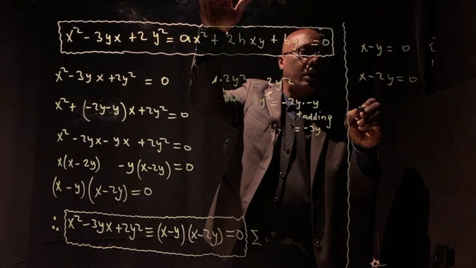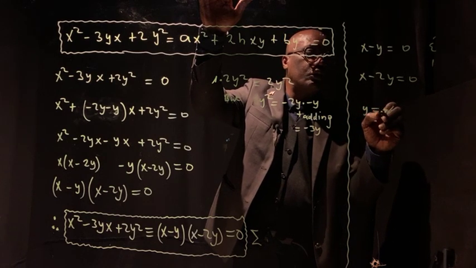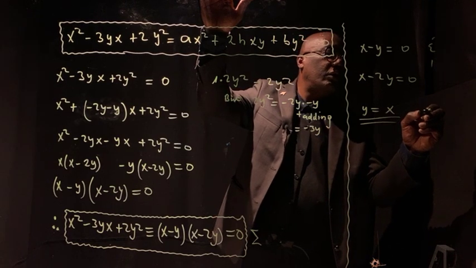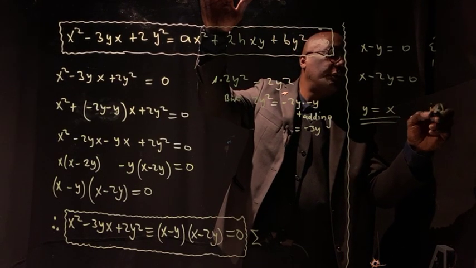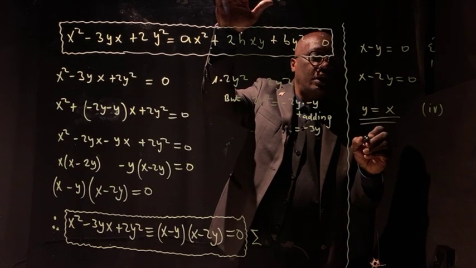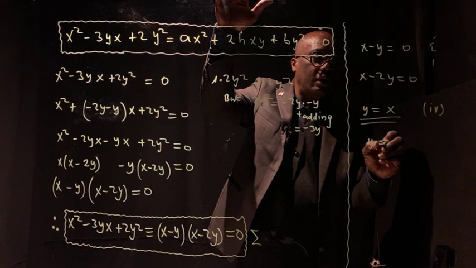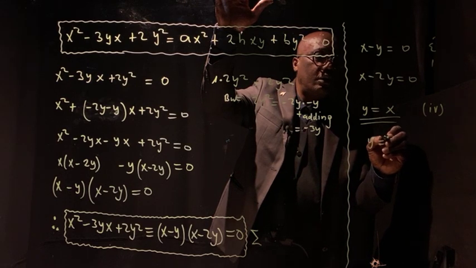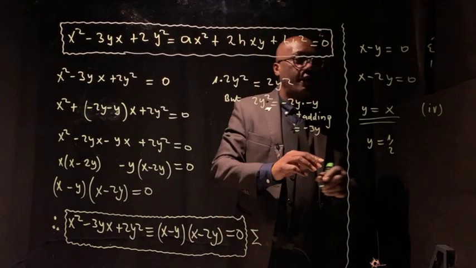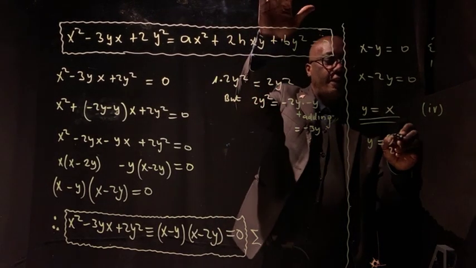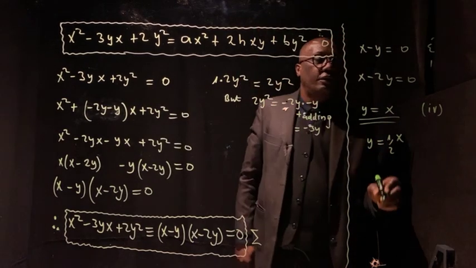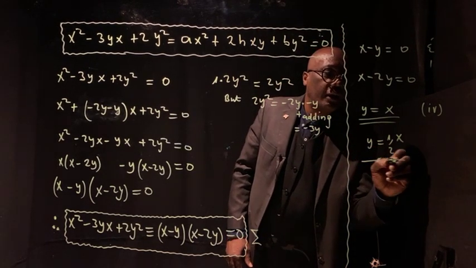From the first one, we have y equals x. Maybe we call it equation 4. And from this one, we have y equals half x, which is also an equation of a line.